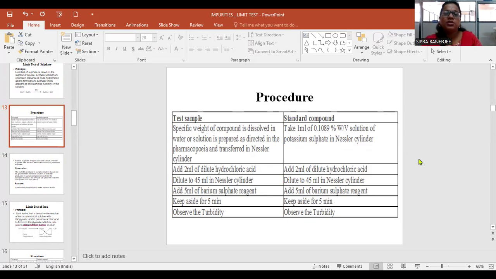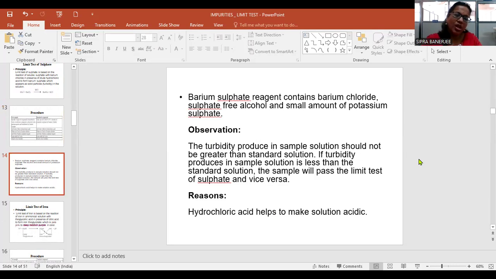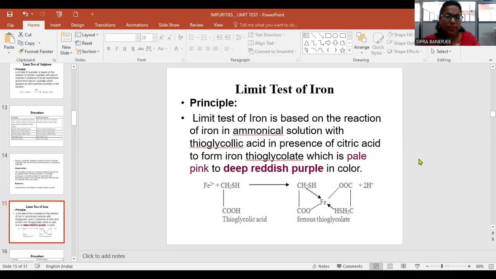Then we should observe the turbidity. If the turbidity of the test sample is more than the standard, then it will fail. If it is equal to the standard, it will pass. If it is below the standard, with less turbidity, it will also pass.